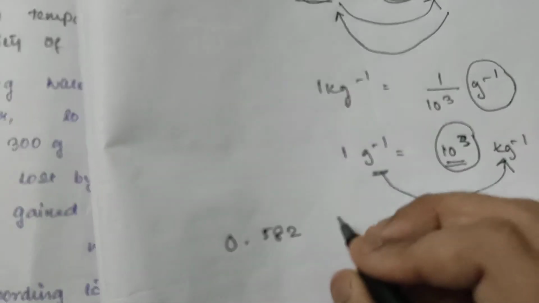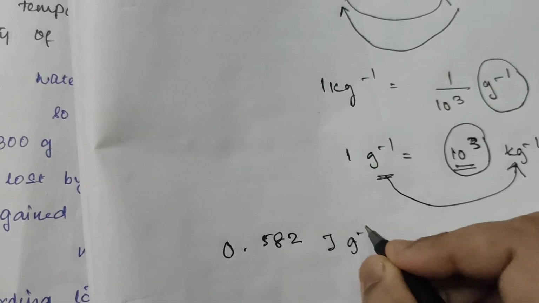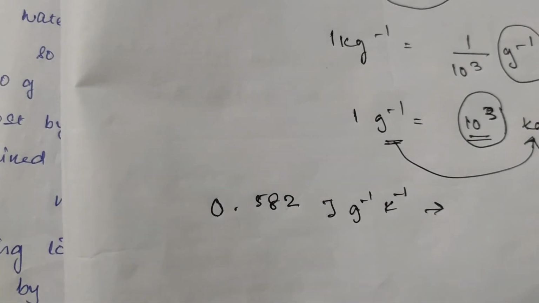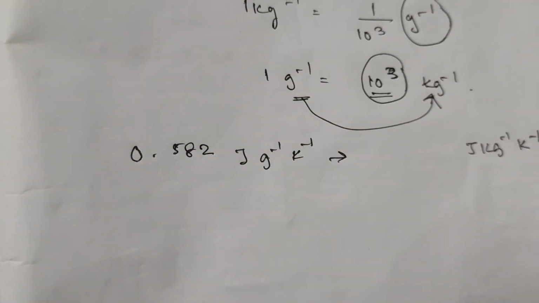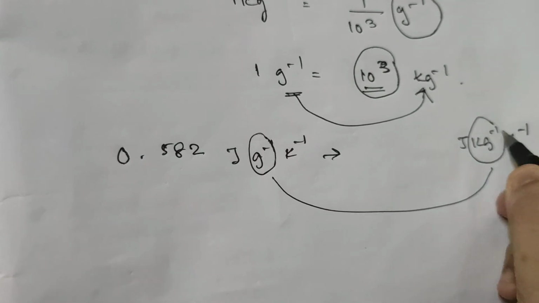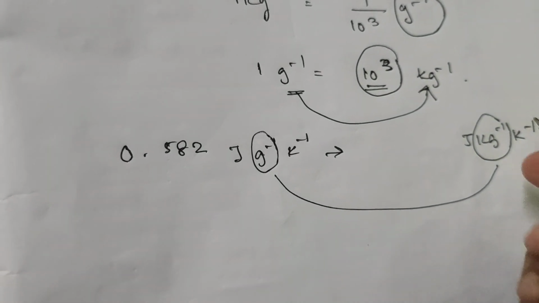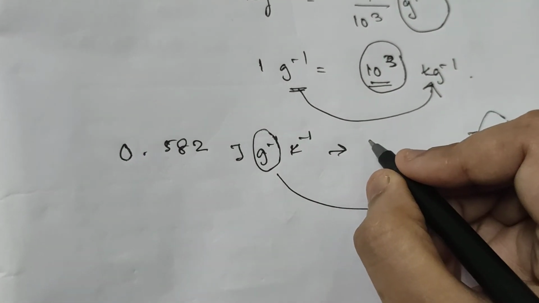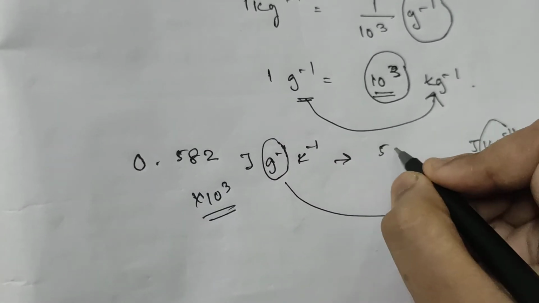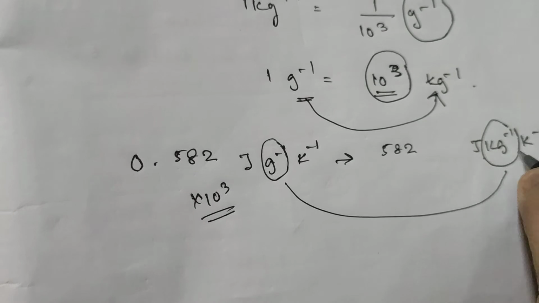So suppose the answer is 0.582 joule per gram per Kelvin. If I have to convert to joule per kg per Kelvin, then how will I do it? Gram inverse to kg inverse, so multiply by 10 to the power 3. So 0.582 into 10 to the power 3 is 582 joule per kg per Kelvin.